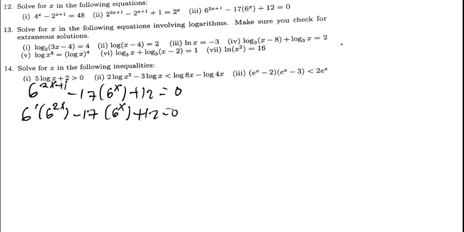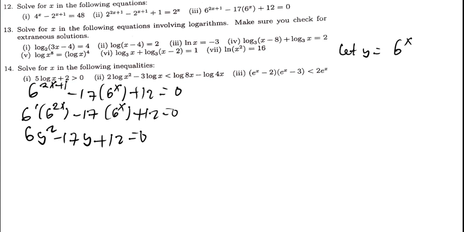Let y be equal to 6 to the power x, meaning where there is 6 to the power x we put y, so it will be 6y to the power 2 minus 17y plus 12 is equal to 0. Now that is a quadratic. Now I believe you can solve from there. So let's go ahead and see what's going to happen.